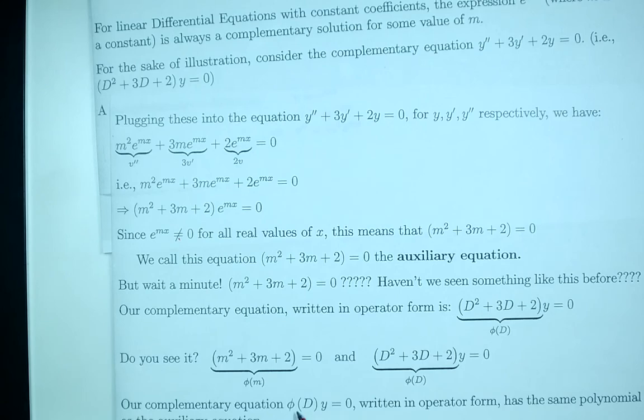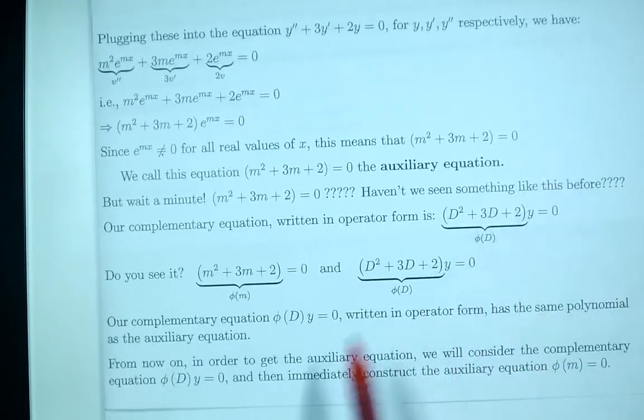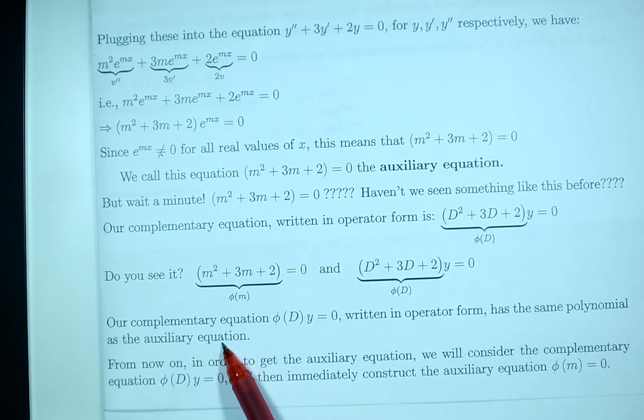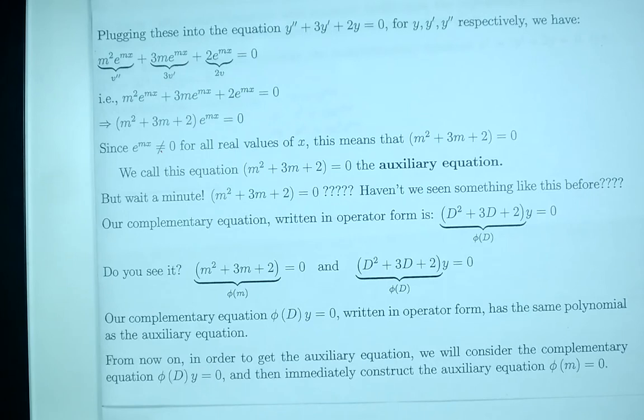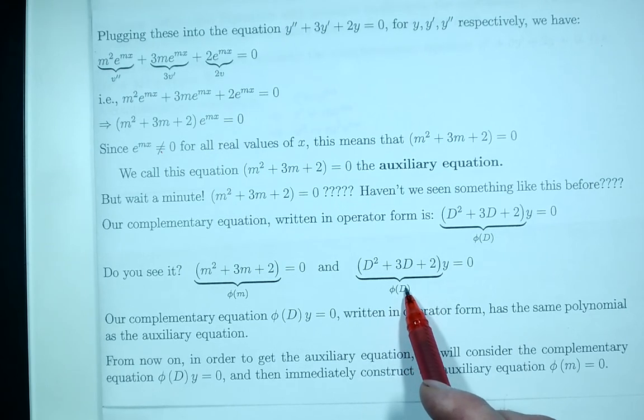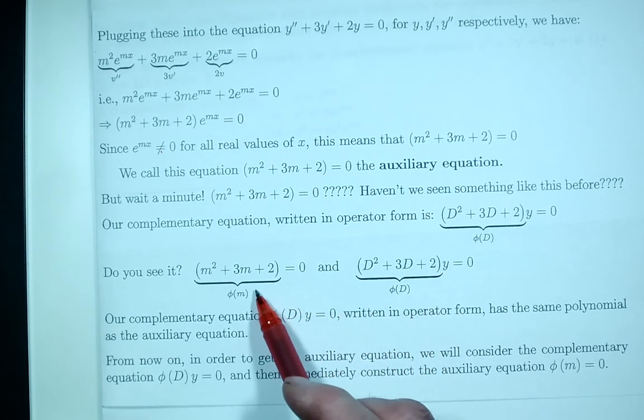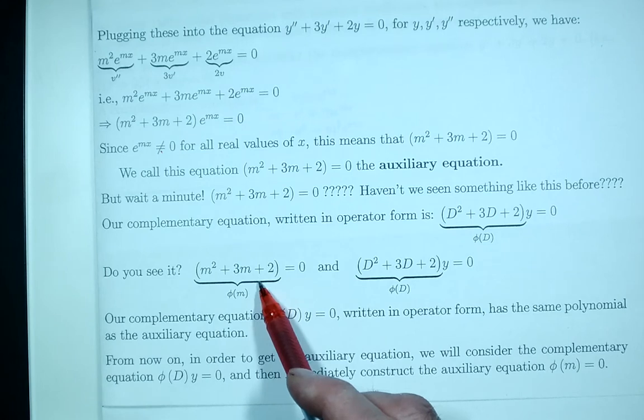So our complementary equation, phi of D y equals 0, written in operator form, has the same polynomial as the auxiliary expression. Son of a gun. Here's the complementary equation in operator form. And phi of D is the same polynomial as this one. The only thing different is the variable.